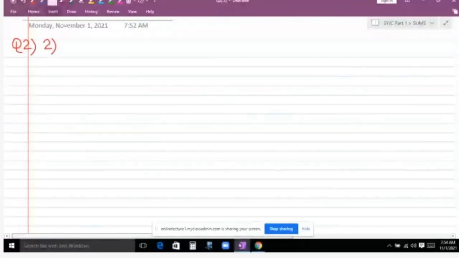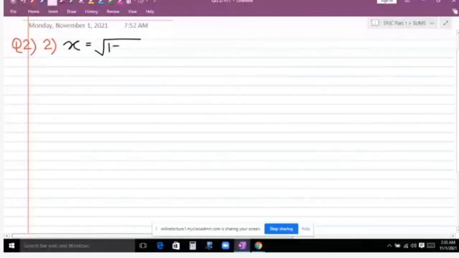X is equal to square root of 1 plus u square. X is equal to the root of 1 plus u square.